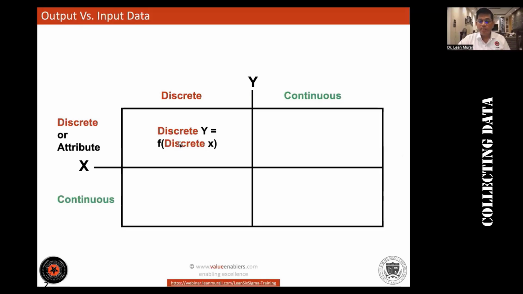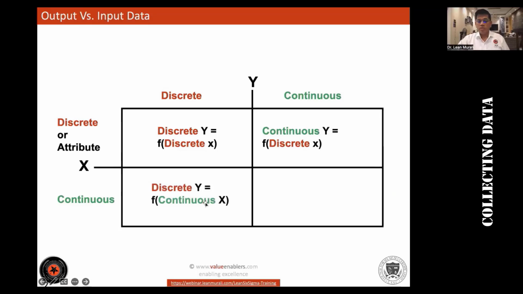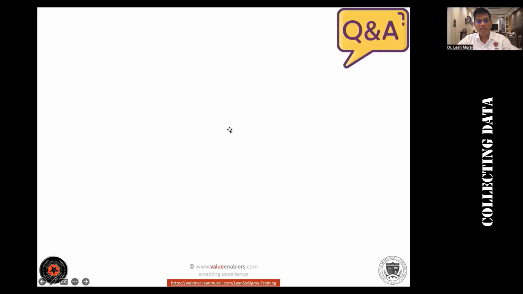The input can be discrete and the output discrete. The input can be discrete and the output continuous. The input can be continuous and the output discrete. The input can be continuous and the output continuous. This is something that we'll go deeper into when we do the different parametric tests.